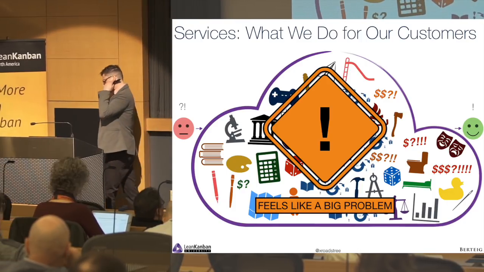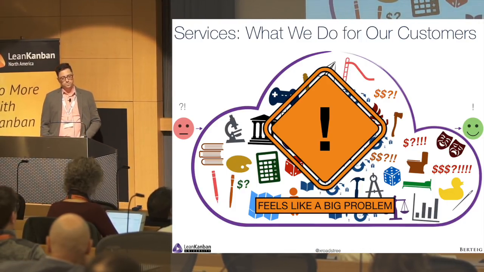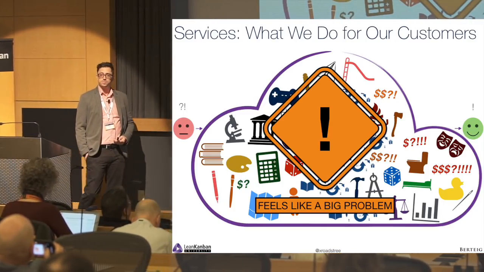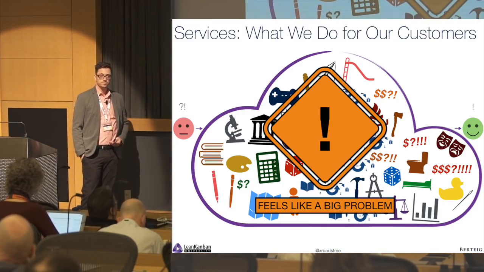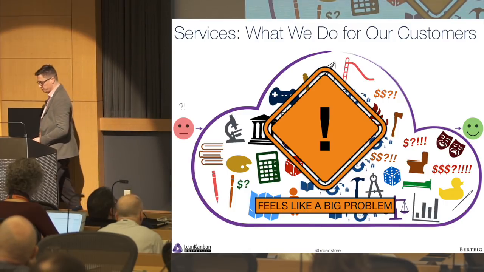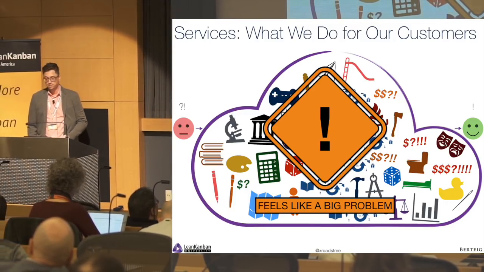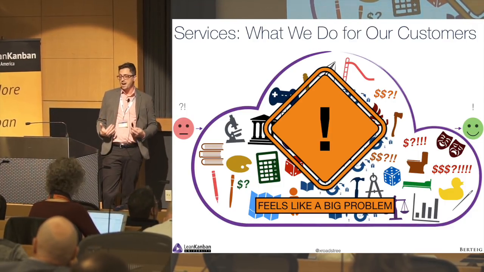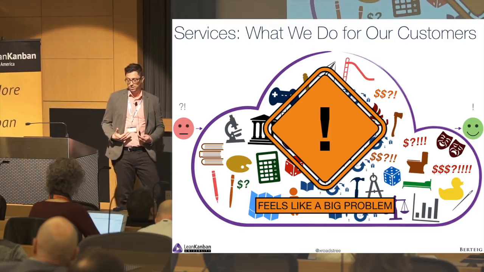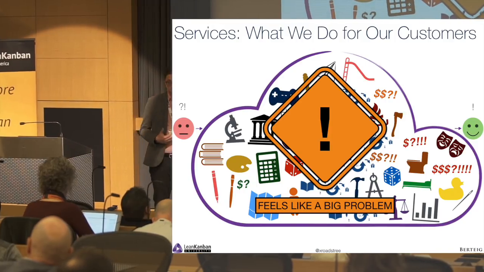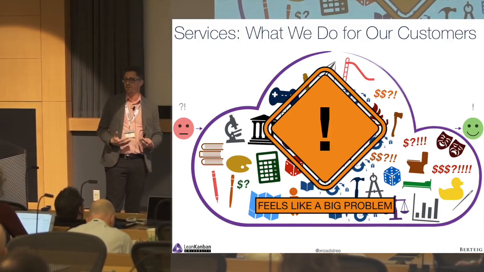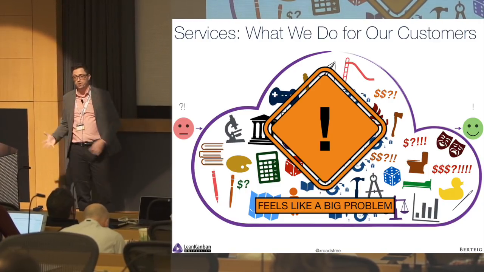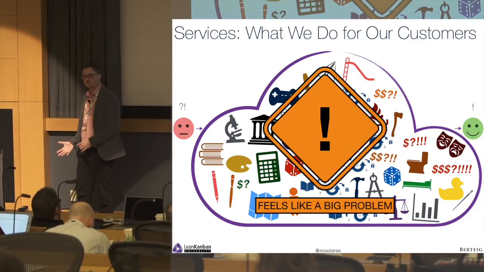So it feels like a big problem. It feels like chaos. It feels like a great big mess, right? And so again, it's natural and it's understandable that we want to do something big to change. We want a big change, right? This is waterfall. We want the opposite of that. We want agile.